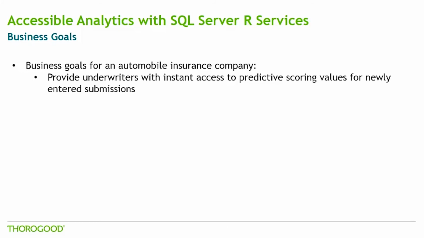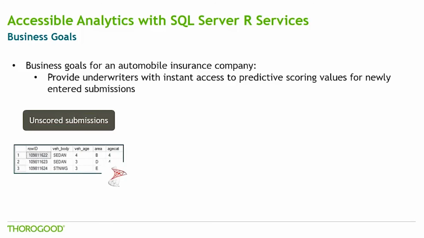So this submission, in the case of this example, is going to be stored in SQL Server for some analysis prior to it being approved, in which case it'll become a fully blown policy. Typically, before we're leveraging our services, this information will be pulled out of SQL Server, pulled out of our transactional system, and then there'd be some analysis that would take place, and then they'd put the results back into SQL Server.